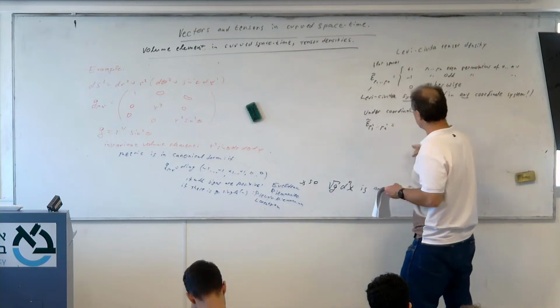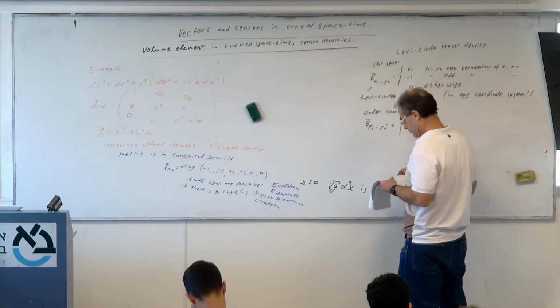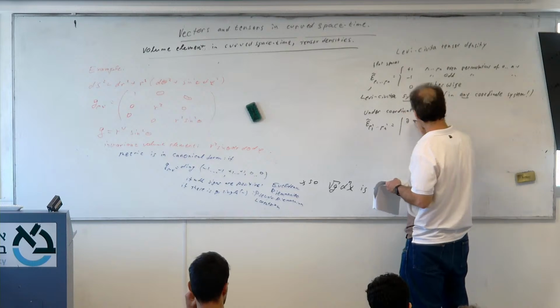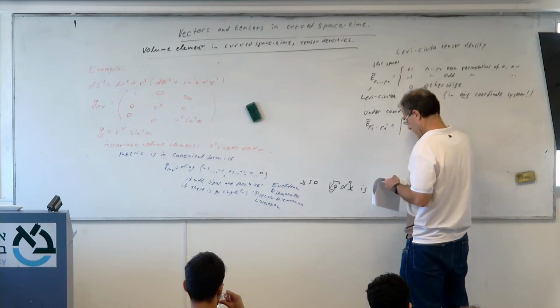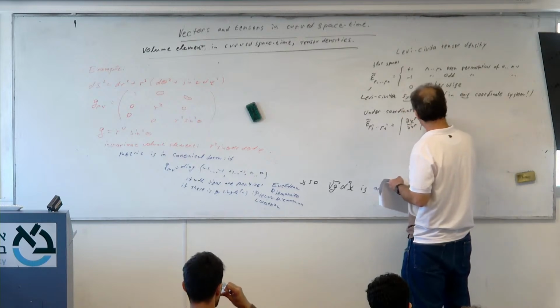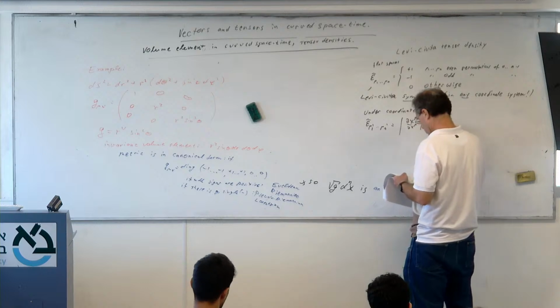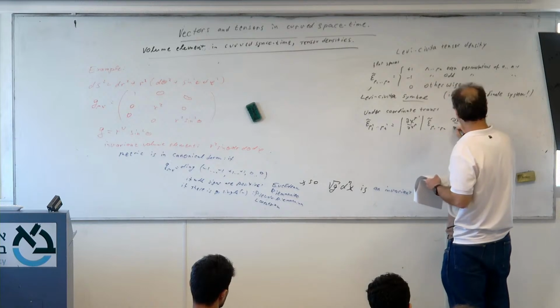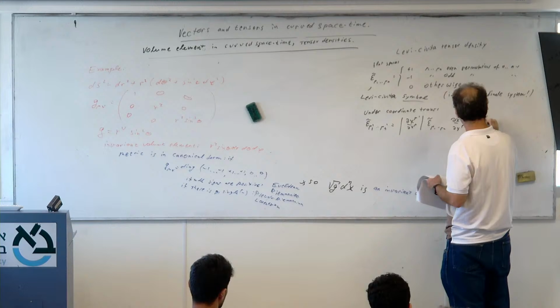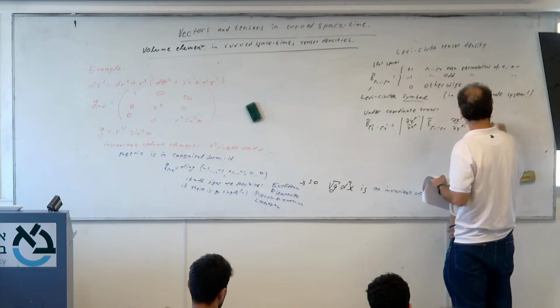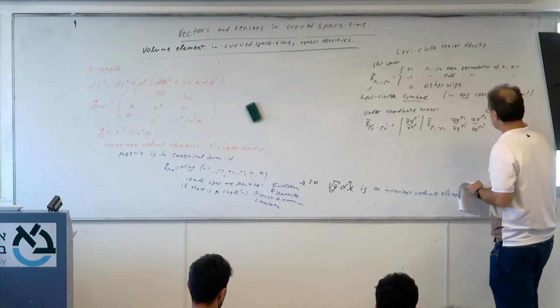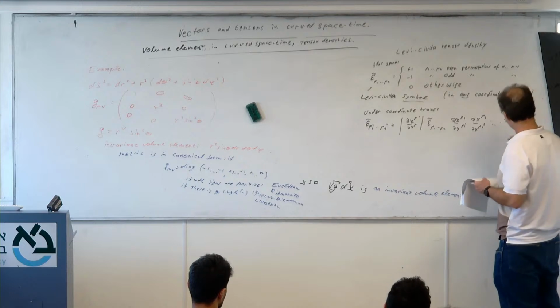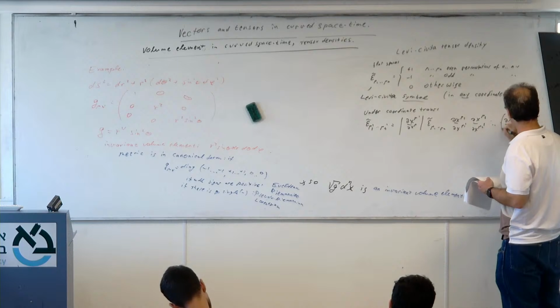You have this extra Jacobian, dx mu prime over dx mu, epsilon tilde mu1 to mu n, dx mu1 over dx mu1 prime, dx mu2 over dx mu2 prime, up to dx mu n over dx mu n prime.